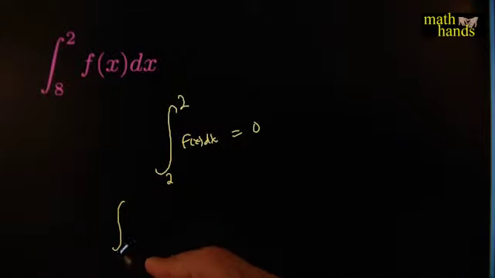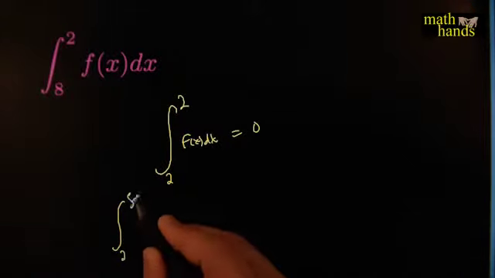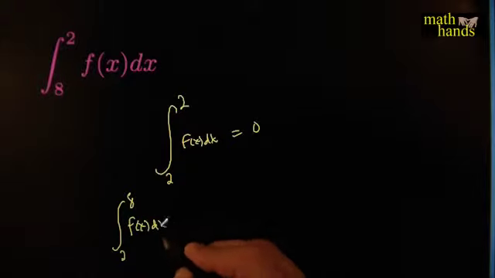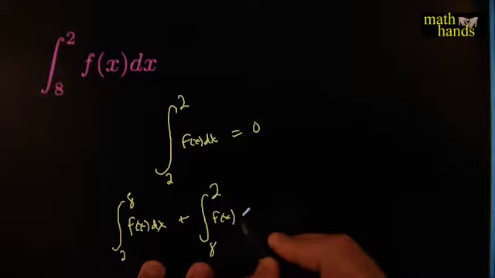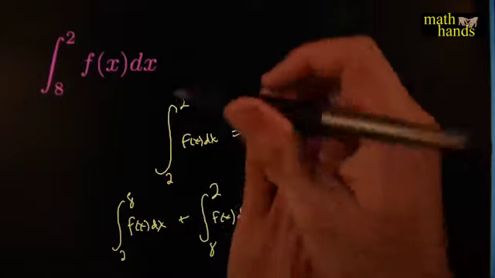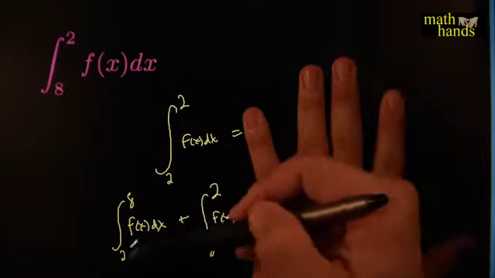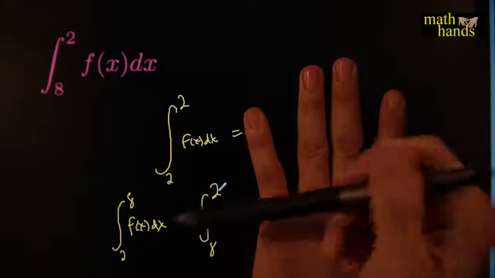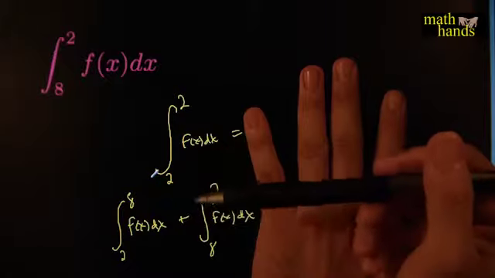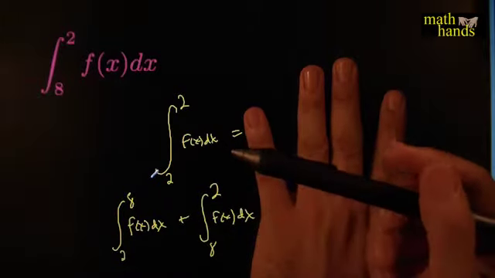I could say, hey, this is the same thing as going from 2 to 8 of f of x dx plus the integral from 8 to 2 of f of x dx, and that's still equal to 0. All I did is change the left side. Instead of going from 2 to 2, I went from 2 to an intermediate value, and from the intermediate value back to 2. If that other property is correct, then this should be correct.